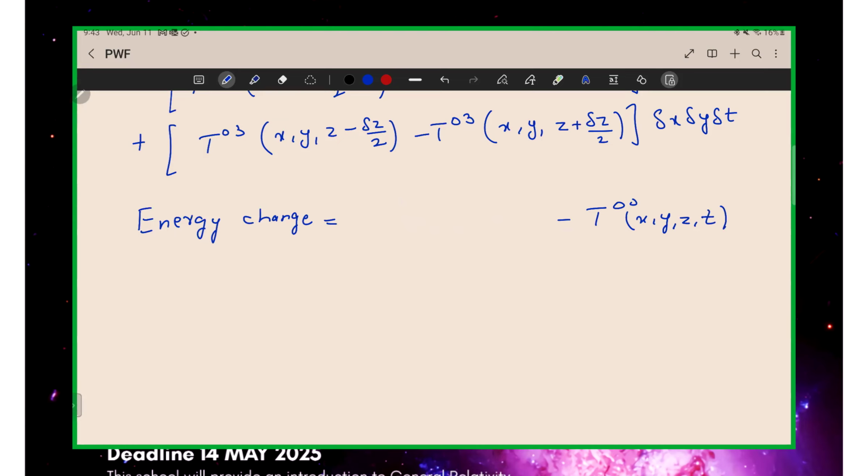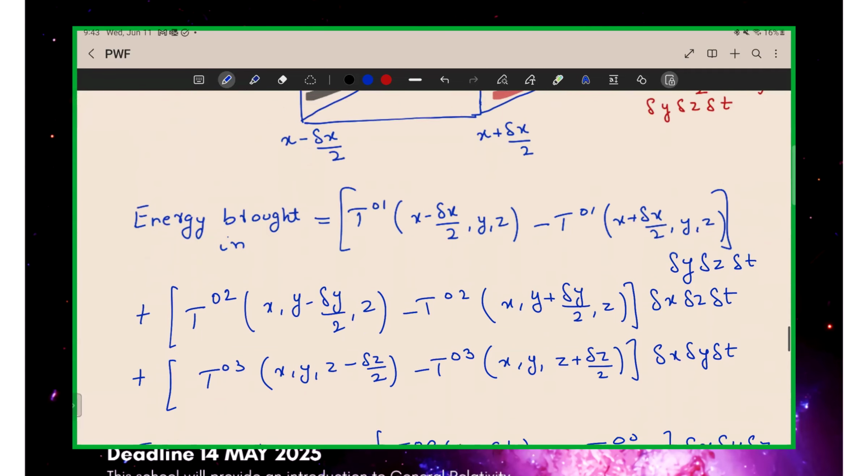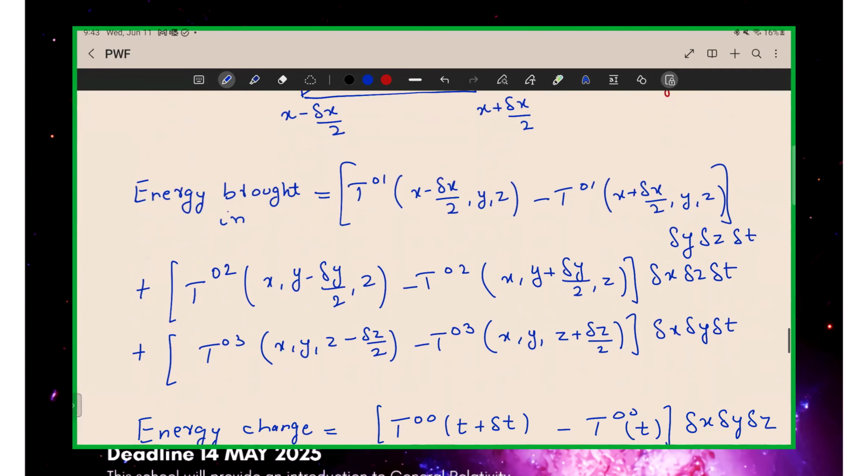The final energy density is, well, I don't even need to write x, y, z actually. Just write time because x, y, z are constant. The time t plus delta t. So this is energy density, which means that you need to multiply this with the volume, which is delta x, delta y, delta z. Now, energy brought in should be equal to the energy change.